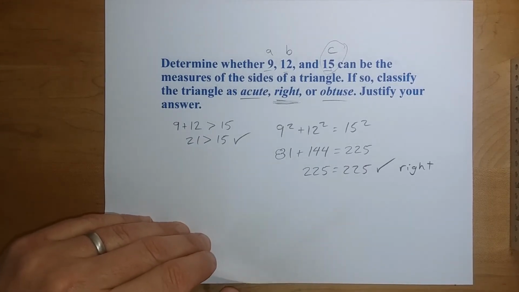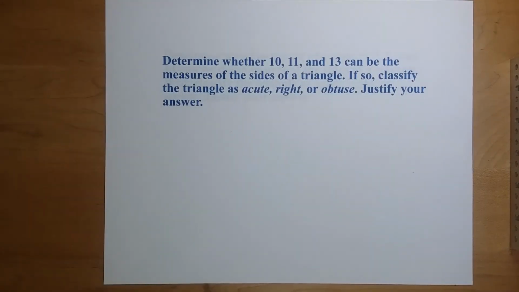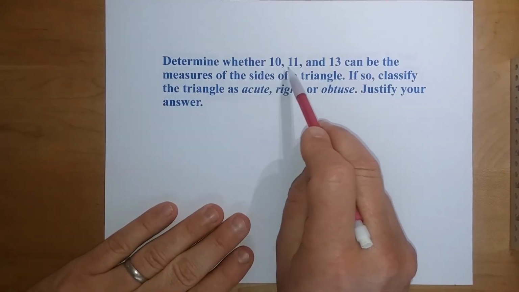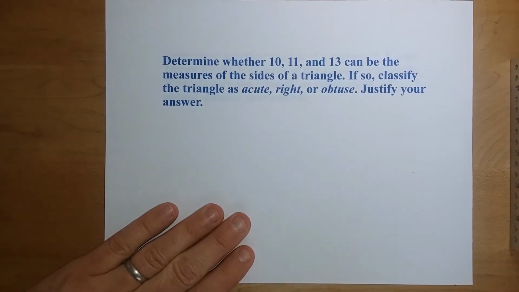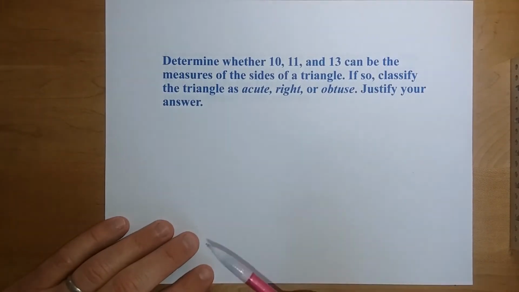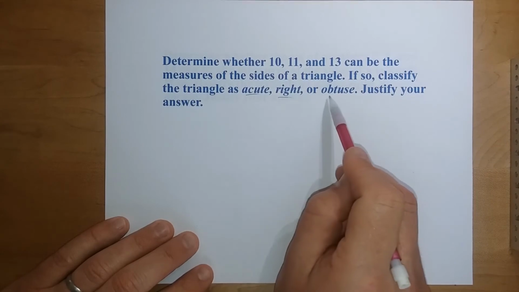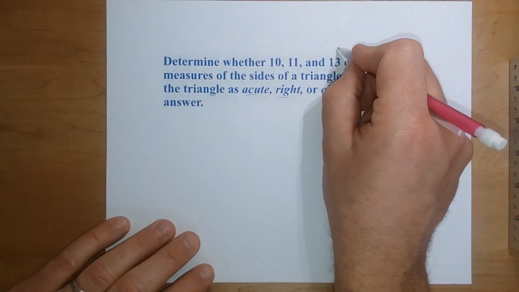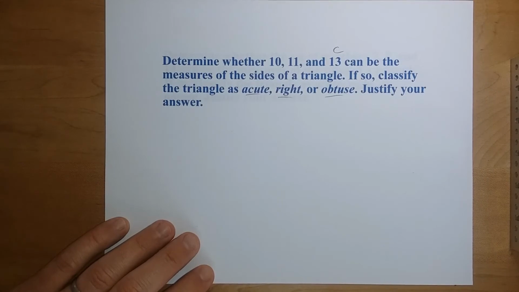Let's try another one. 10, 11, and 13. First of all, can this be a triangle? Do the two shortest sides add up to more than the third side? Yes. So we've got a triangle. Now can we figure out what type of triangle it's going to be? Which of these numbers has to represent c in our Pythagorean theorem? This guy has got to represent c.